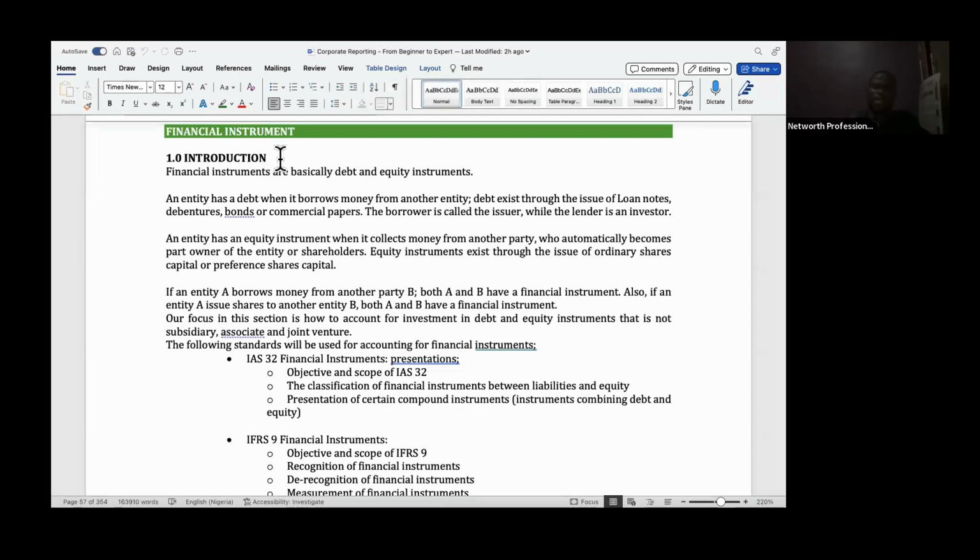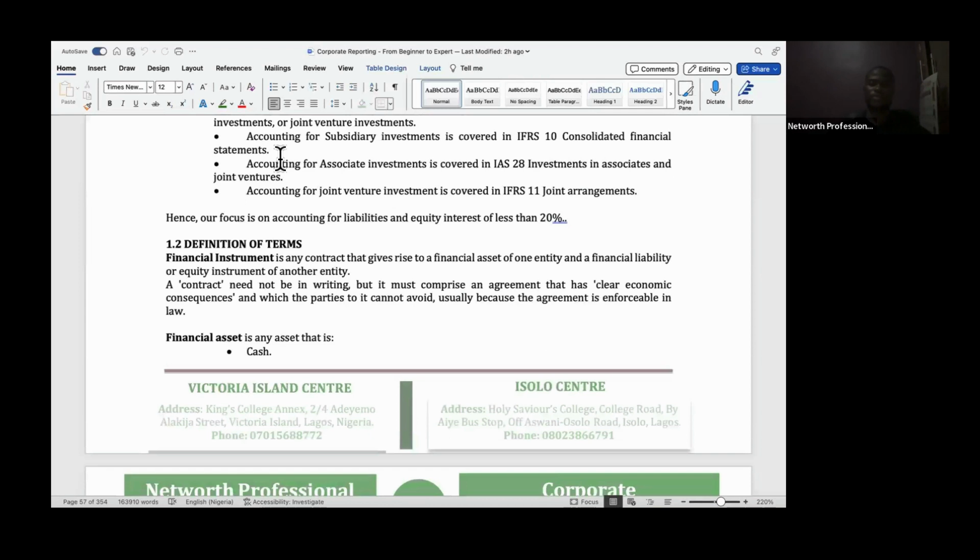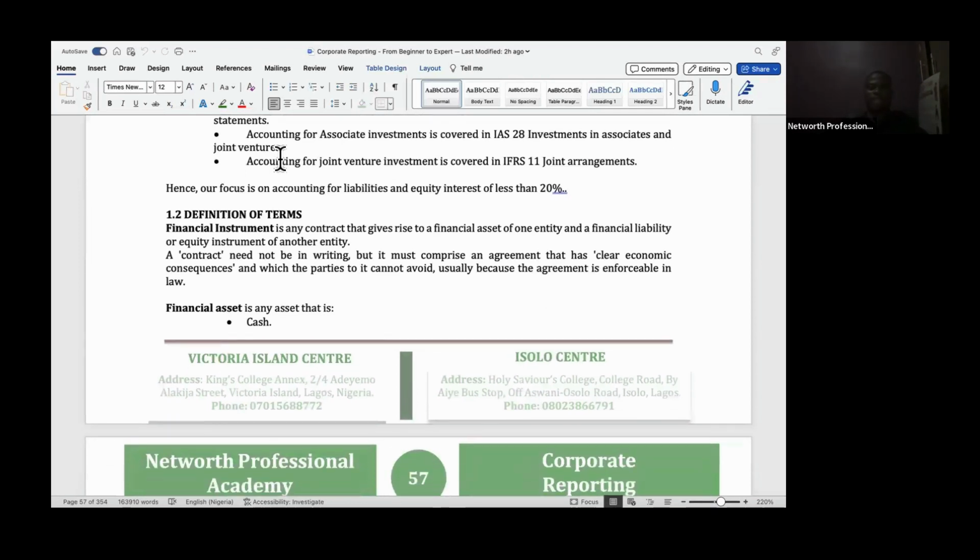And last week we went straight to the definition of financial instrument, and we learned that a financial instrument is any contract that gives rise to a financial asset of one entity and a financial liability or equity instrument of another entity.